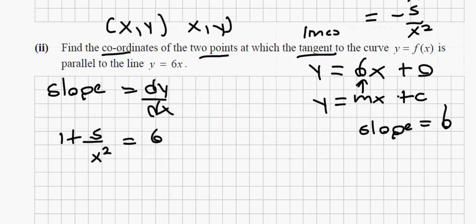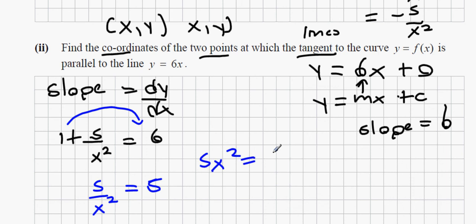So what we're going to do next is bring the 1 over the other side, and we get 5 over x squared equals 6 minus 1, which is 5. Then we know that 5x squared equals 5. X squared therefore must be equal to 1. X equals plus or minus 1.